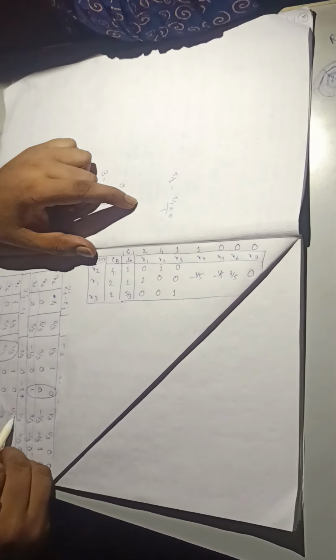If you look at x4, it was 1 by 3. So 1 by 3 minus the corresponding key row element, 1 by 3, into the corresponding key column element, minus 1 by 3, divided by 5 by 3. You can see the key row element is minus 1 by 3 and the key column element is 1 by 3. Right?